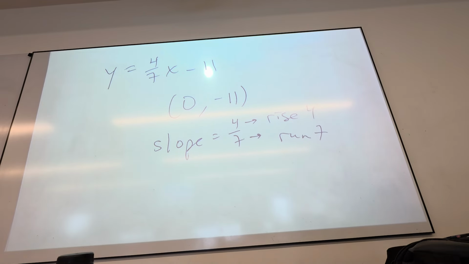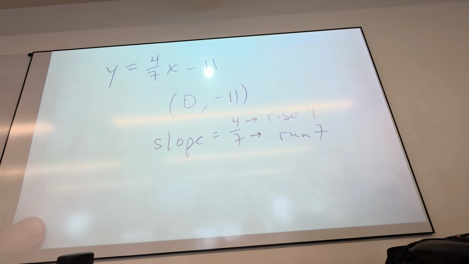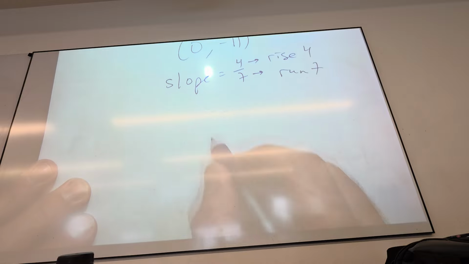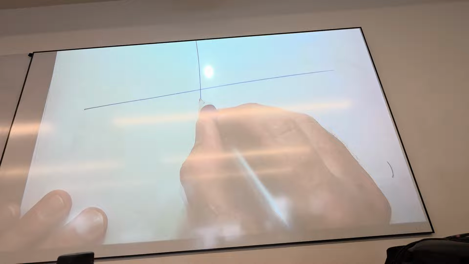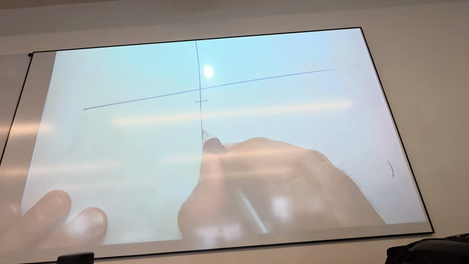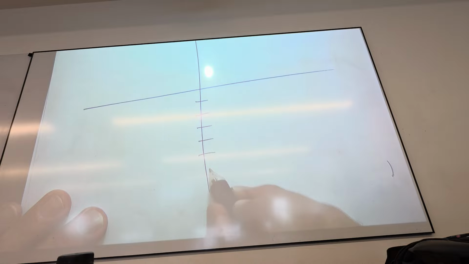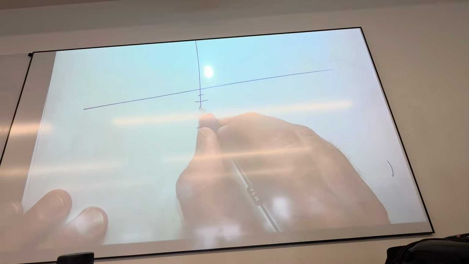So you ready? I wasn't planning on doing this, and that's why I made the numbers gross, but now I want to graph this. So my y-intercept, let's see, 2, 4, 6, 8, 10, 12. Okay, not too terrible.